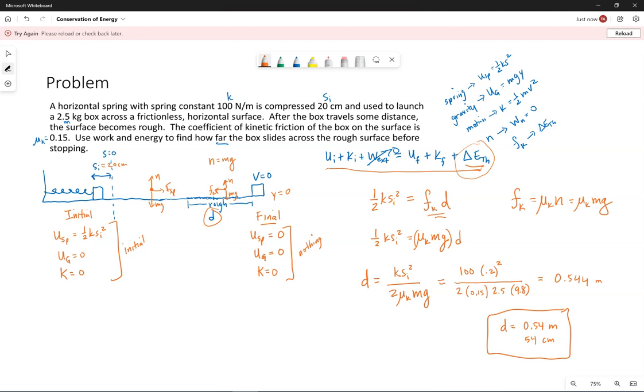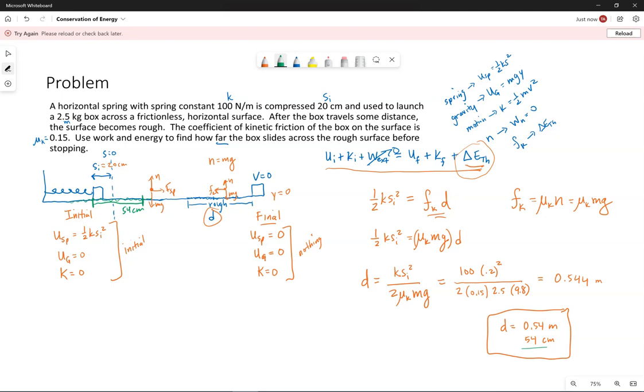Now, by the way, if the whole floor was rough, this box would have slid 54 centimeters from that initial compressed position. The rough patch did not necessarily need to be all the way far away.